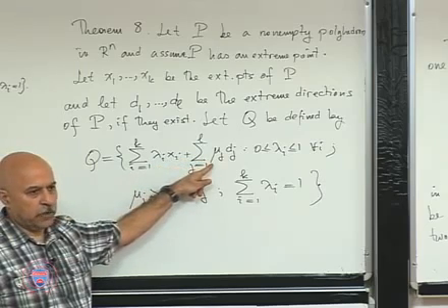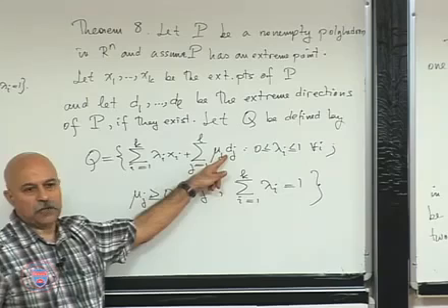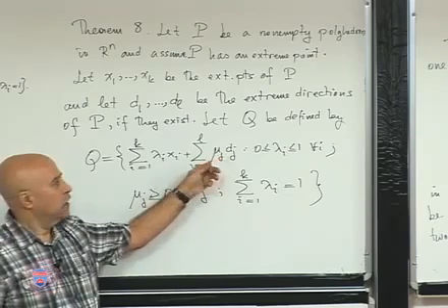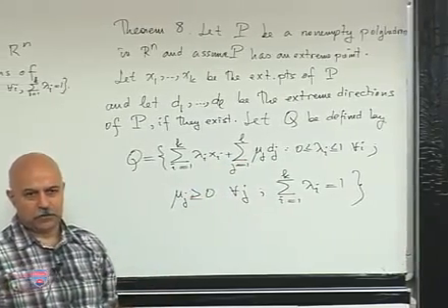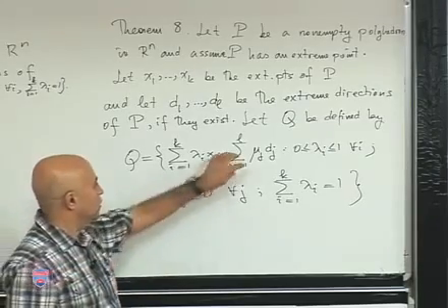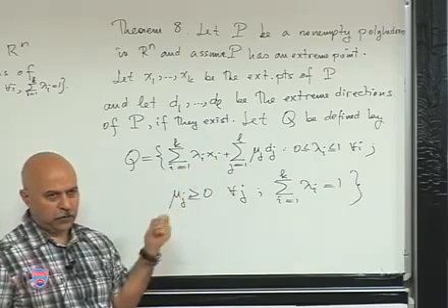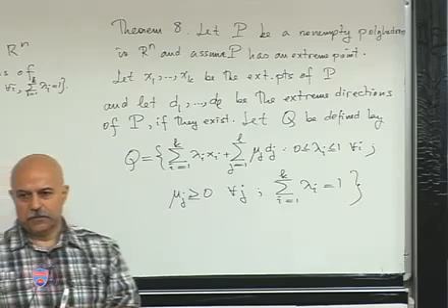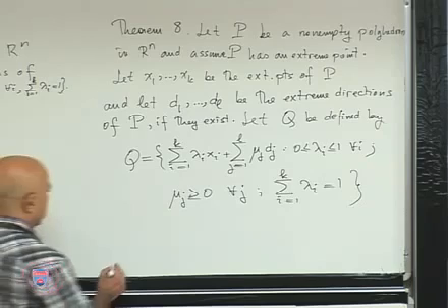Plus, to it, you are adding a non-negative combination of the extreme directions if the extreme directions exist. Of course, mu j's can be 0. You can pick all of those to be 0, or you can pick some of them to be positive, whatever. But nevertheless, you generate many such points of this form. And Q is the set of all such points that can be generated in this particular fashion.